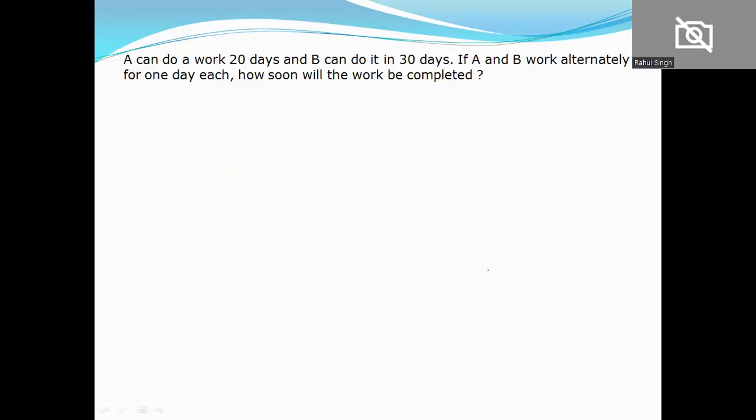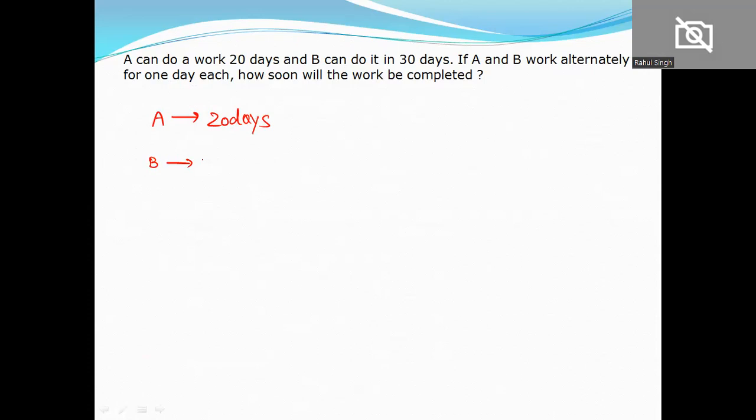A can do a work in 20 days and B can do it in 30 days. If A and B work alternately for one day each, how soon will the work be completed? Again, let's take it by LCM. A can do it in 20 days.